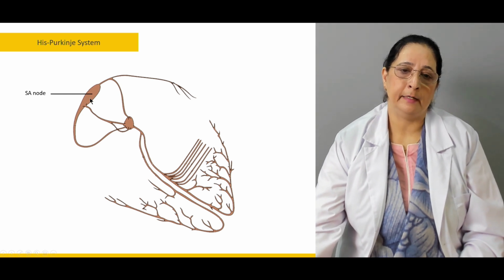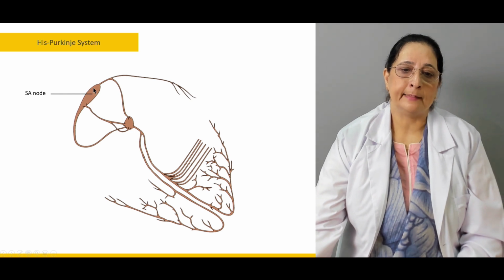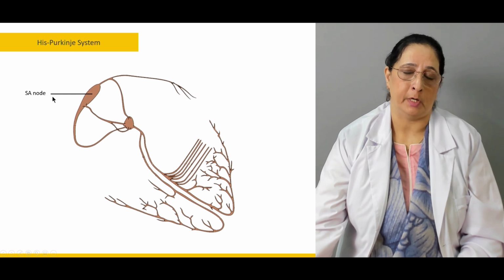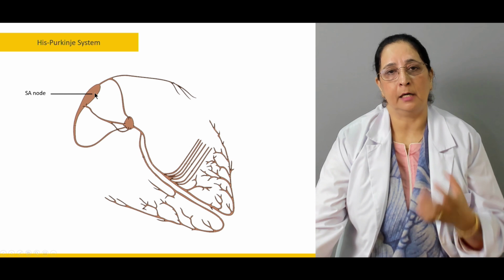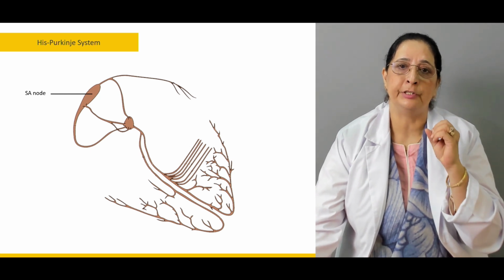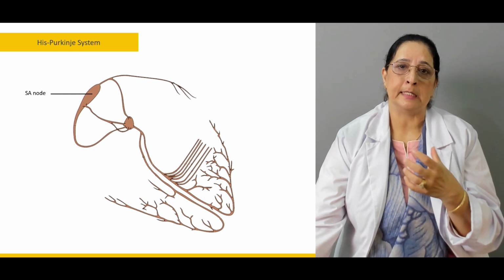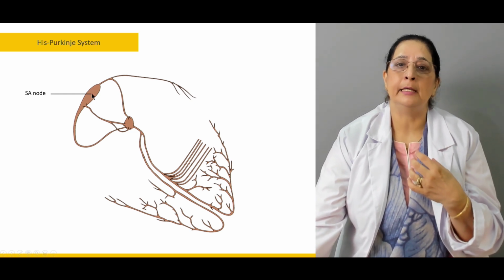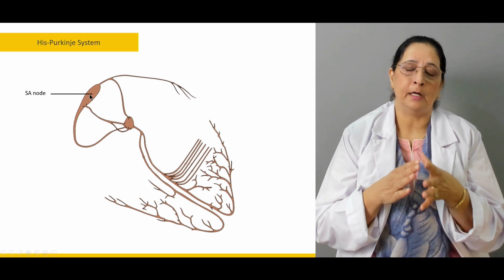If you see here, it's in the wall of the right atrium of the heart, and it's known as the SA node, sinoatrial node. This sinoatrial node is the pacemaker of the heart, the first impulse that is generated for the conduction of the impulses in the heart is in the SA node. So the SA node is the pacemaker of the heart.